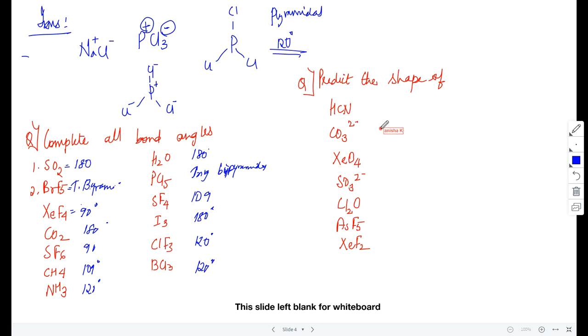I mean, what shape they might be, whether they are linear, trigonal, angular, that way. Would the first one be linear? Linear, okay.